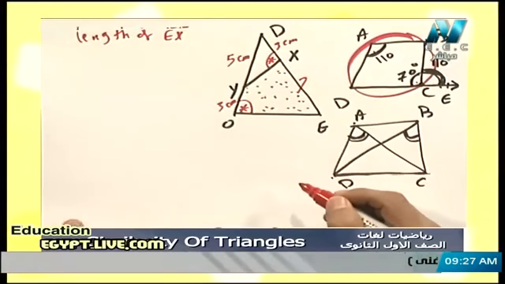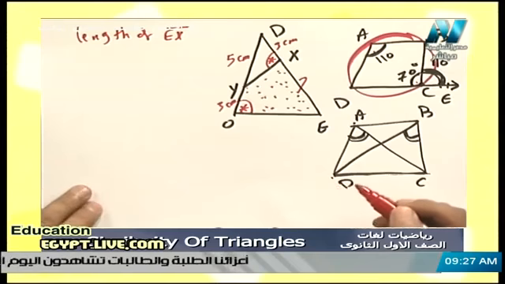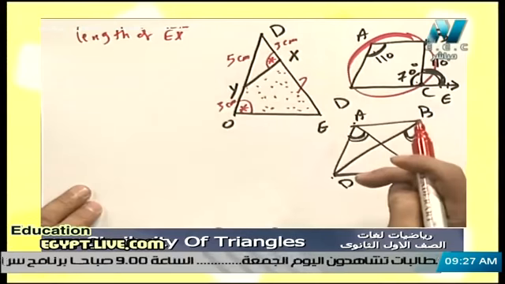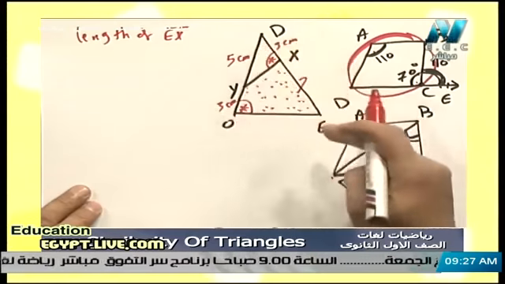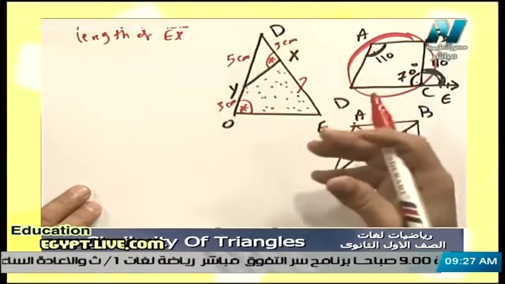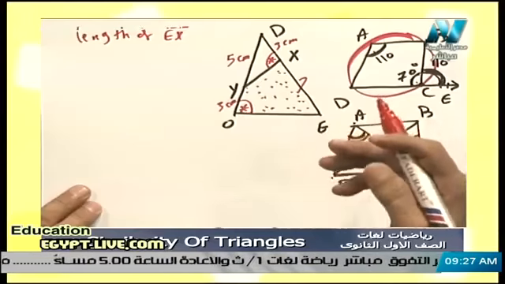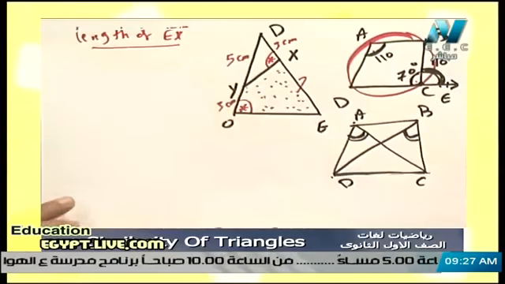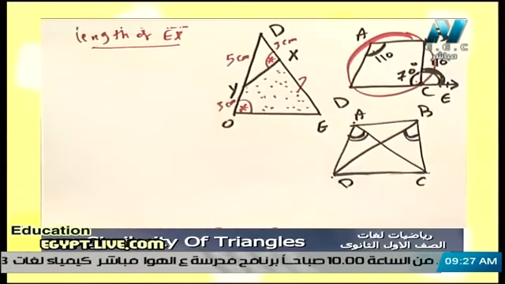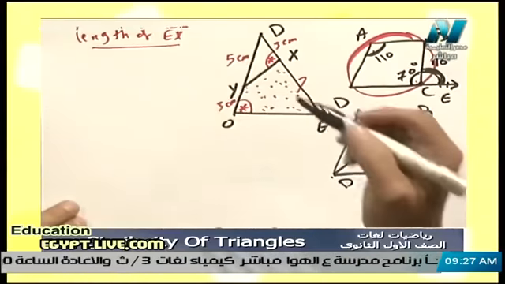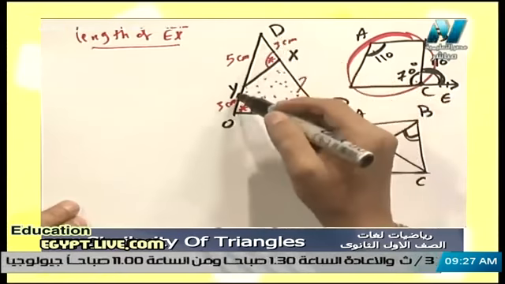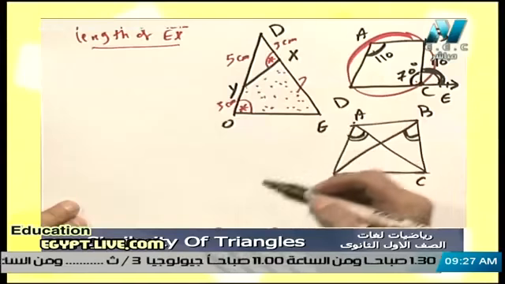So let's prove that triangle DXY is similar to triangle DOE, to have ratios equal to each other, to find the length of XE.